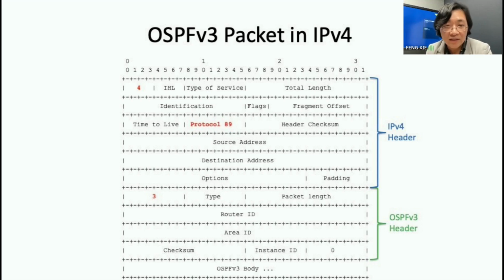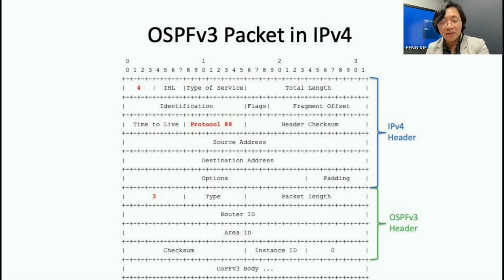The only difference now is in the protocol header. In OSPF v2, you would have the IPv4 header with protocol 89, and then in the PDU, you would start with version 2, the first byte.